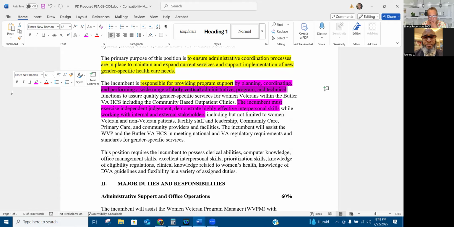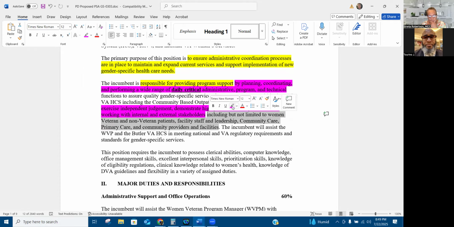So that tells me they're dealing with people outside the agency: facility staff, community providers and facilities. So it's not just the people on the hospital grounds.